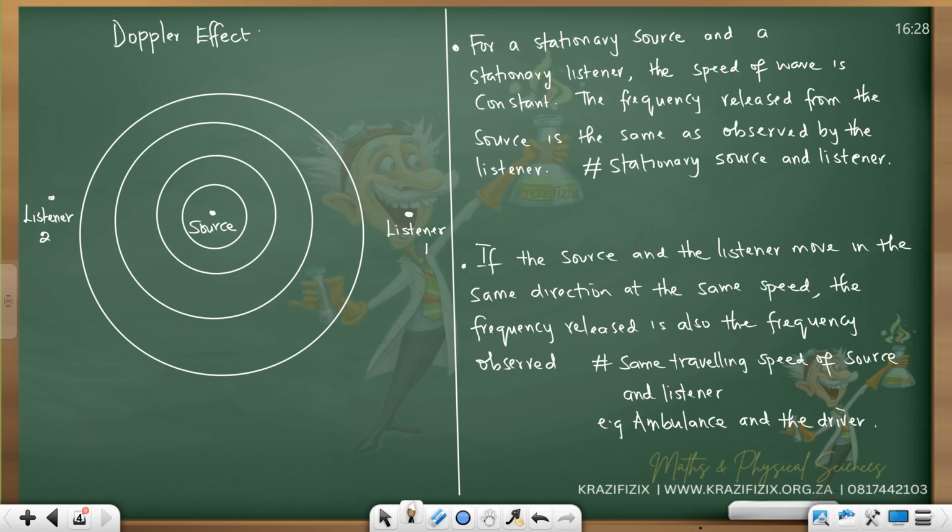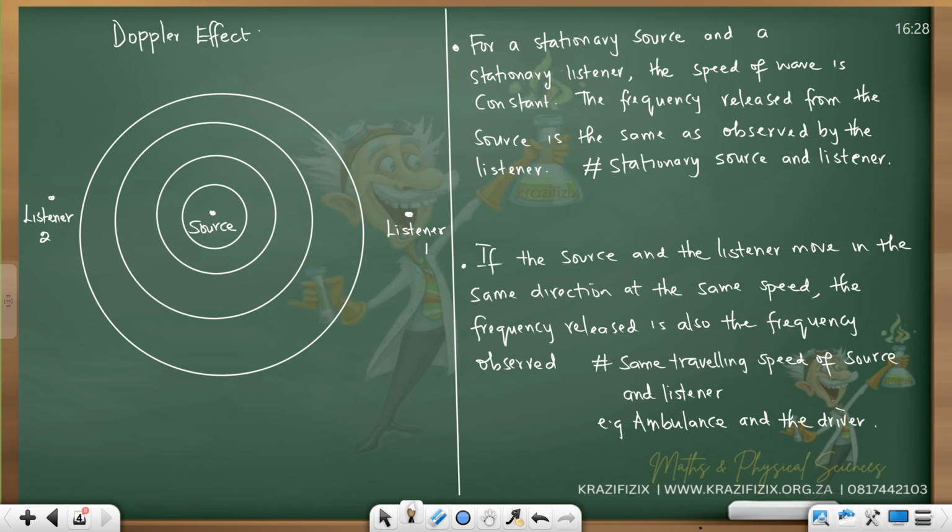The driver cannot travel faster than his ambulance to say, I want to put off the fire quickly. Ambulance is too slow. So they are both moving at the same speed. What happens? The number of waves that is released per unit time by the ambulance siren will be exactly the same. So it's not going to change.